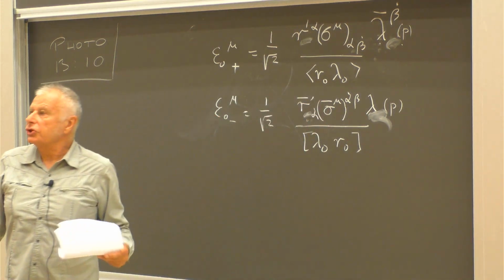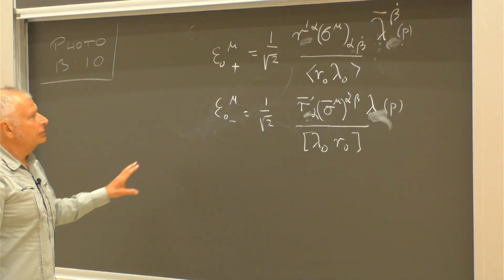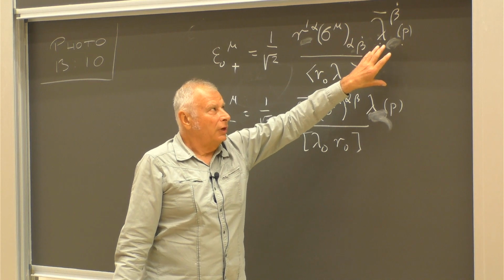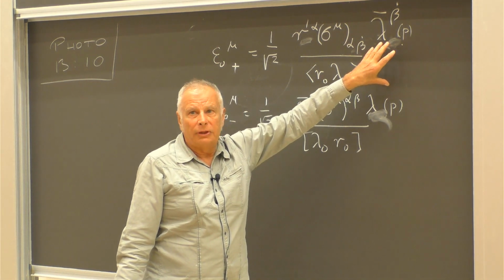So now I have polarization vectors in arbitrary frame for a photon or a gluon which are moving with momentum p.